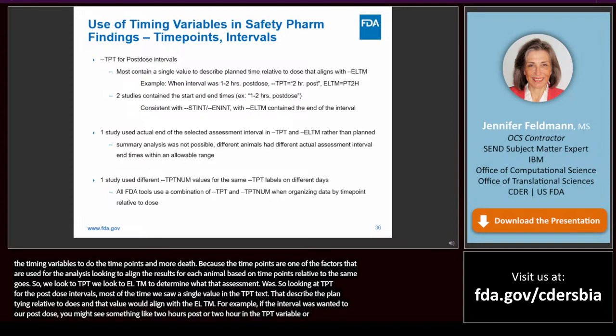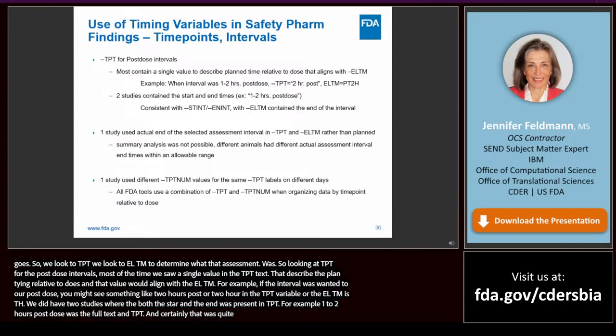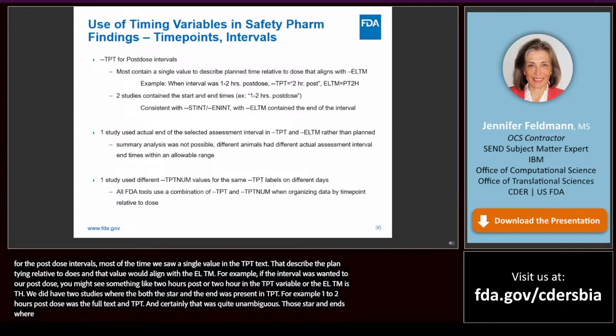We did have 2 studies where both the start and the end was present in TPT. So for example, 1 to 2 hours post-dose was the full text in TPT, and certainly that was quite unambiguous. And those start and ends were then, on those studies, consistent with the STINT and the ENINT, the actual start and end of the assessment period relative to dose.